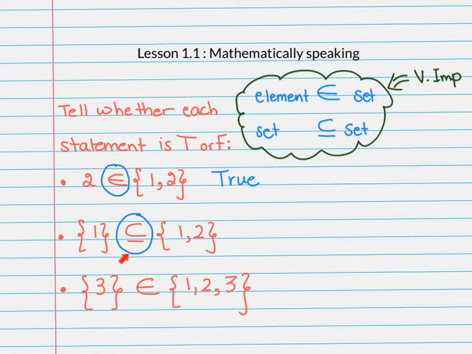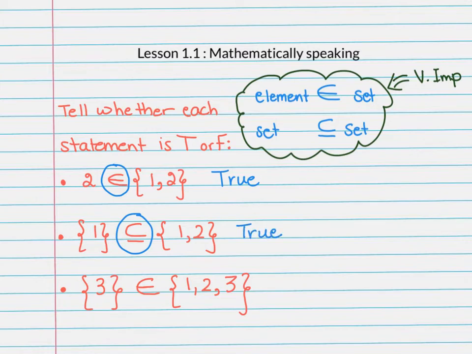The symbol subset is used when I have two sets together. This is a set and this is a set. So condition 1 is acceptable. Now I look for condition 2. Condition 2 says that the element here must be part of this element. Is element 1 in the other set? Yes, correct. So this is a true statement.